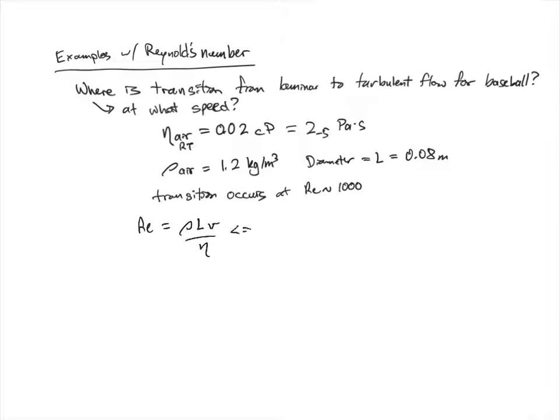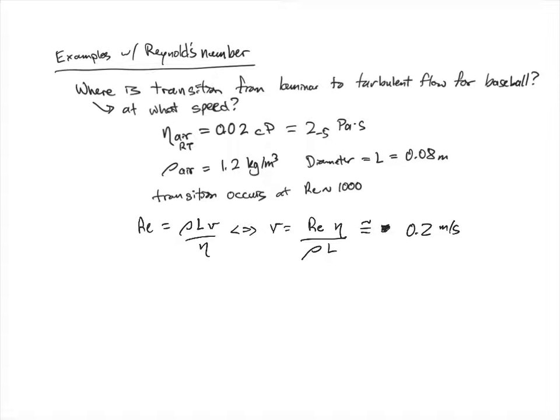So we could rearrange this to solve for the velocity. It would be the Reynolds number times the viscosity divided by the density times the diameter of the baseball. If you plug in the numbers, you get that the transitional velocity is about 0.2 meters per second.